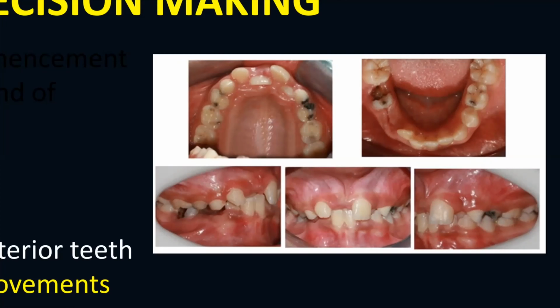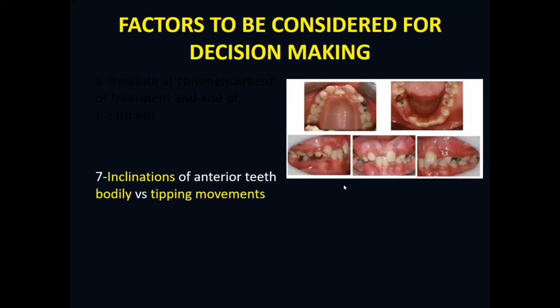This is a very important variable from the treatment planning point of view, and for the selection of the appliances, because if the upper incisors are retroclined, then you may be able to treat this patient with the removable appliance. But if a bodily tooth movement is required for the correction of the anterior crossbite, then you cannot use any removable appliance.